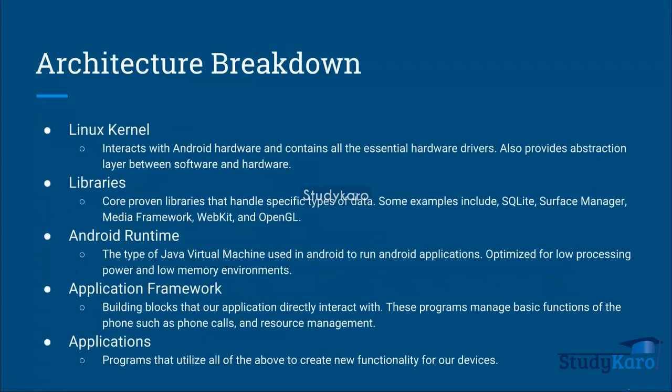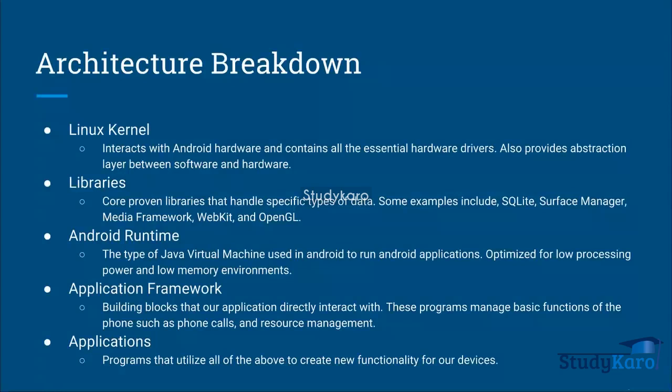Our Linux kernel interacts with the Android hardware and contains all the essential hardware drivers. It also provides an abstraction layer between software and hardware. So this is the very basis of Android, right? As it says, the kernel, it's kind of a nucleus. This is what everything else is built on.